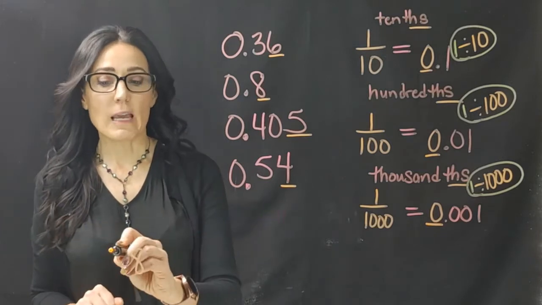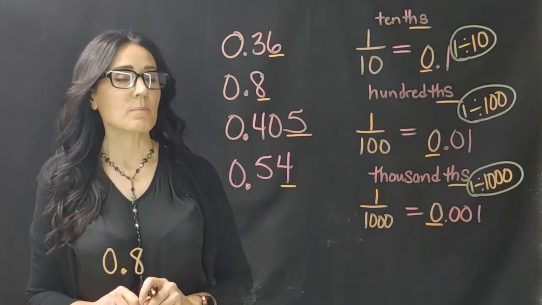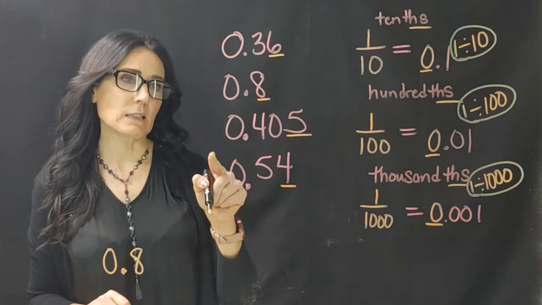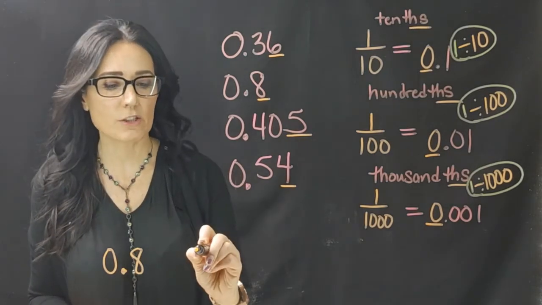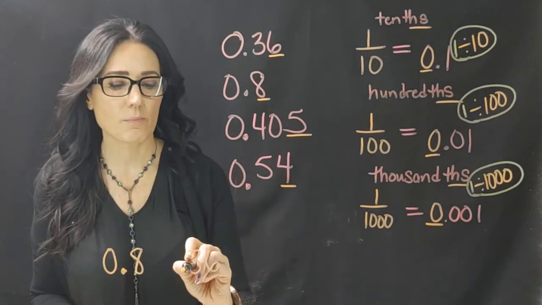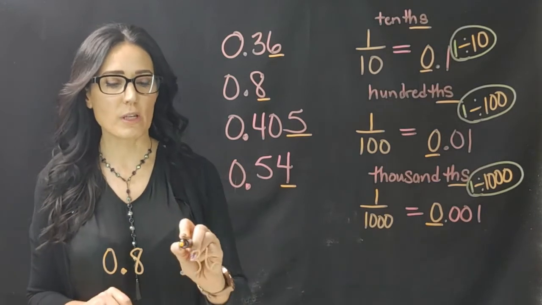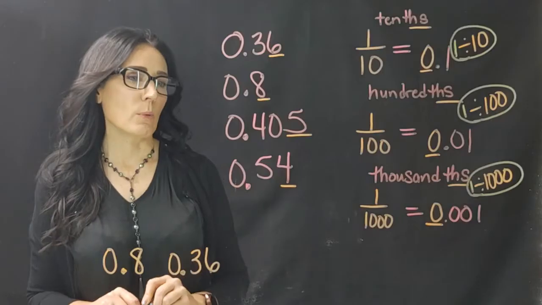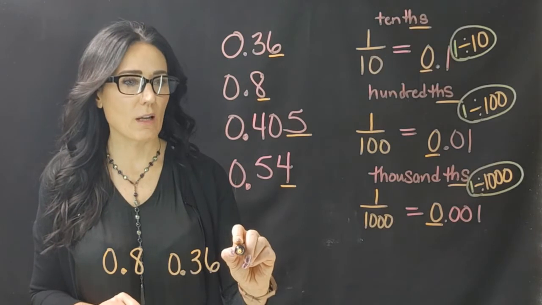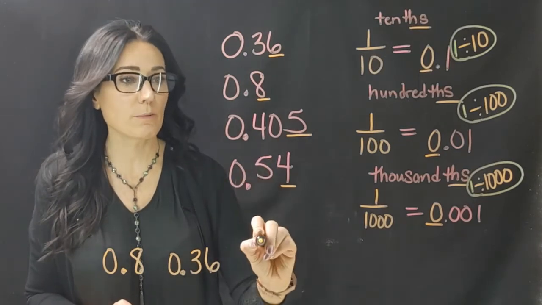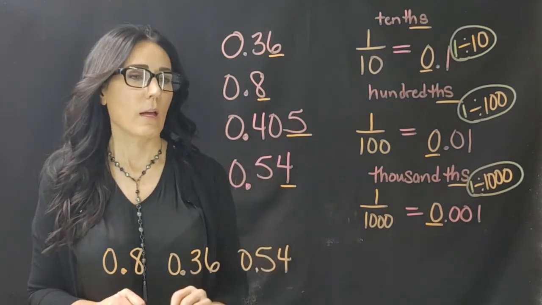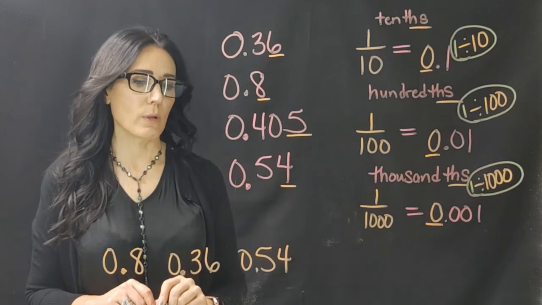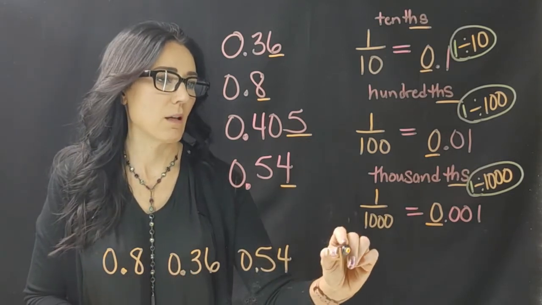And that would be called 8 tenths, by the way. Then I would say, well, 36 is probably the next largest one. So let's say 36 is going to go here. And then we would have 54. And then lastly, we would have 405.